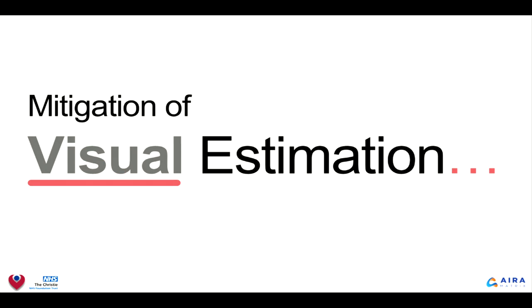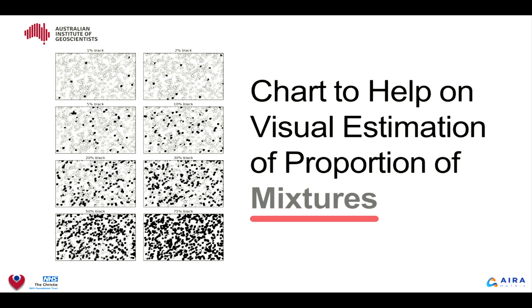So of course we can have methods to mitigate this visual estimation. For example, one of them is to use charts to help in estimation of the proportion of mixtures, in a similar way that the geologist does for assessing the mixture and the content of different minerals in rocks.